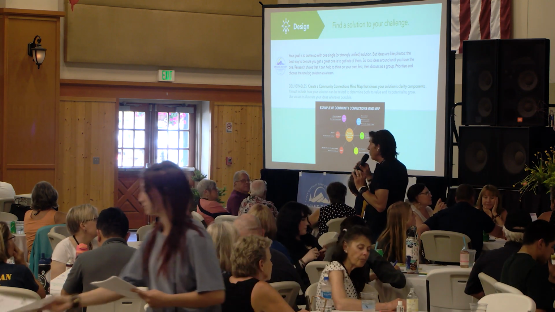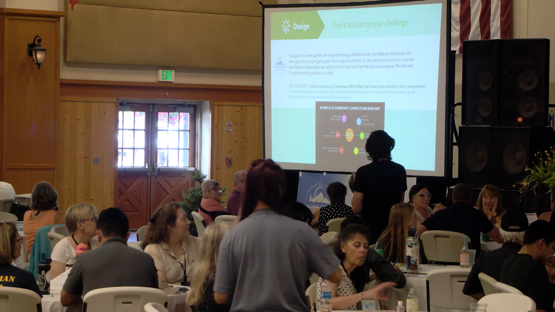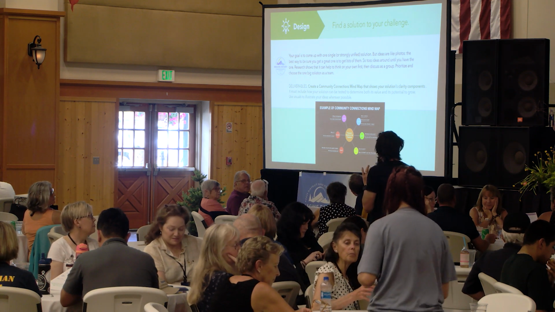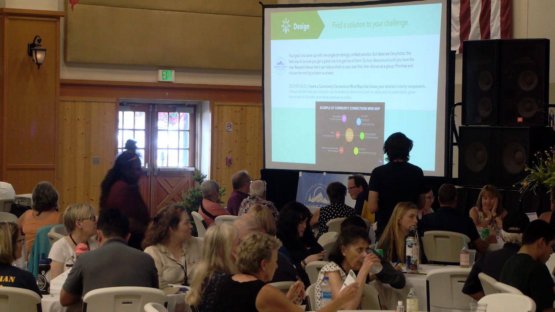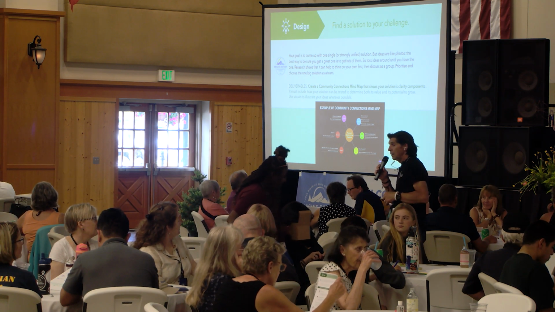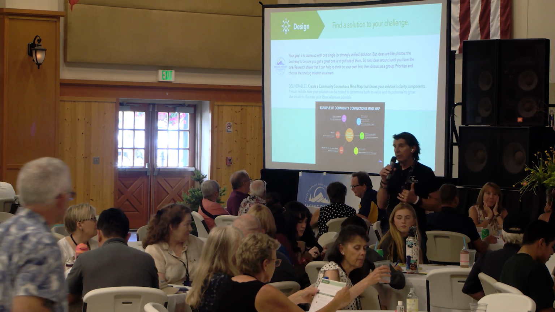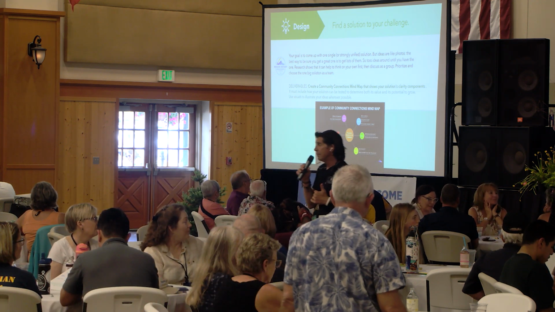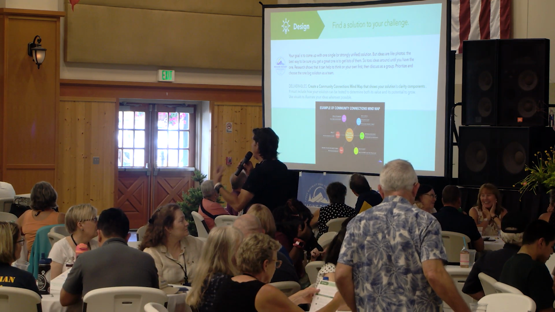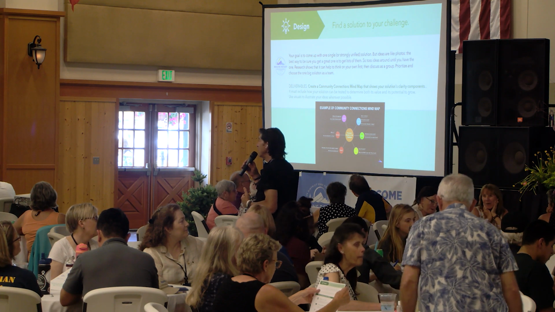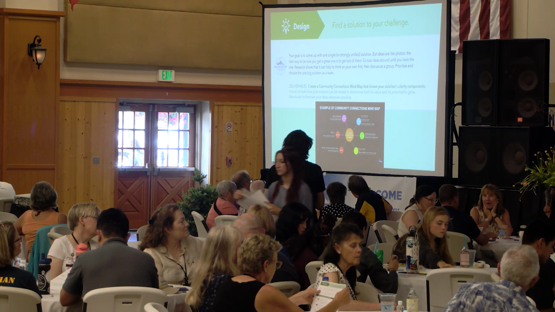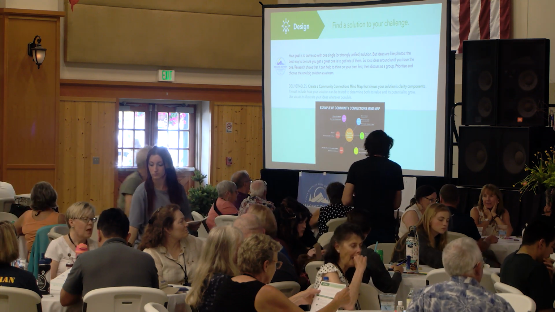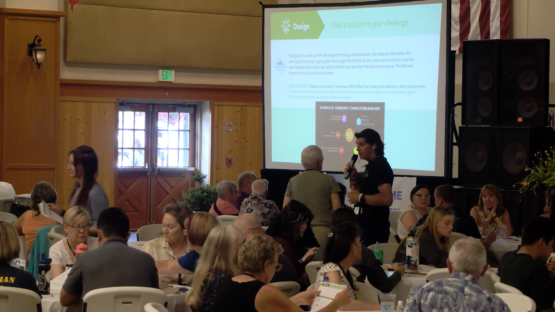Your goal in this phase is to come up with one strongly unified solution to your challenge. But to get to a good idea, you have to have a lot of them. So you might want to spend some time ideating about potential solutions before you decide on one. That's the idea of brainstorming, having a lot of different ideas.